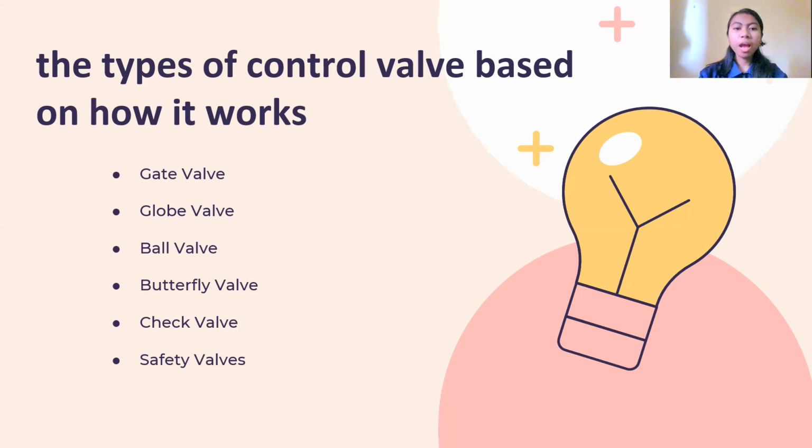Safety valve. How the safety valve works: the valve opens very fast, about 60% opening immediately if there is excess pressure. The safety valve will close again if the pressure received by the valve is below normal pressure or normalized.